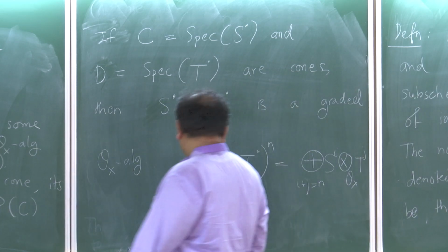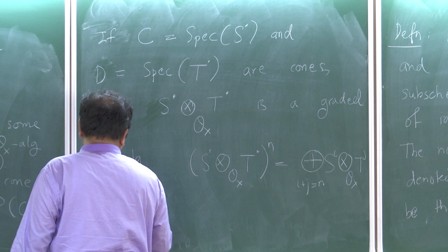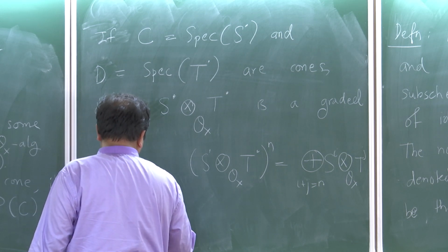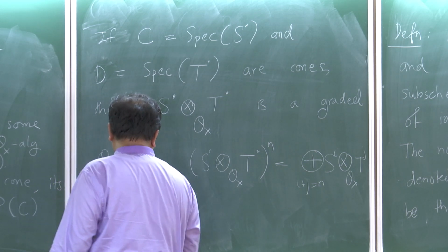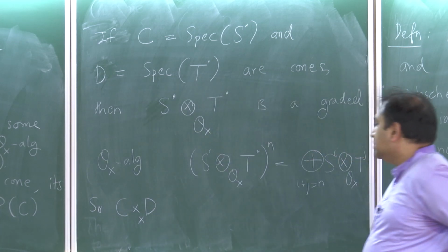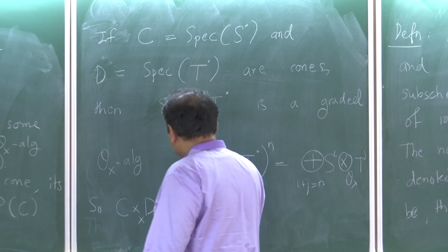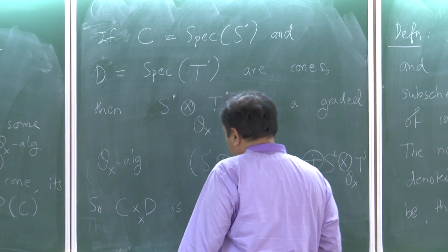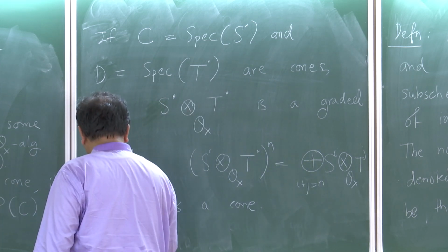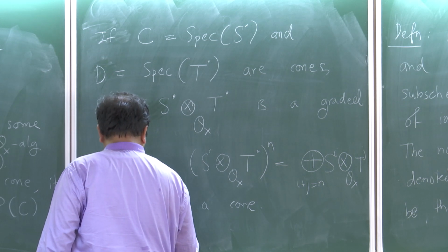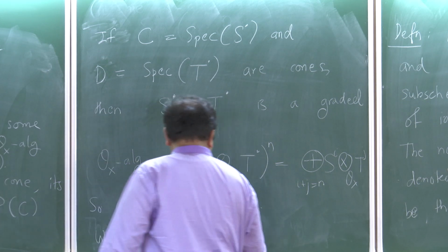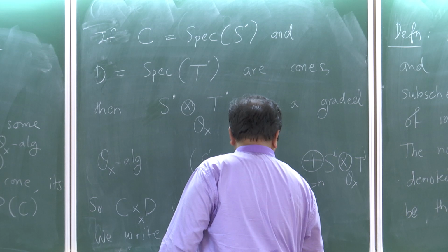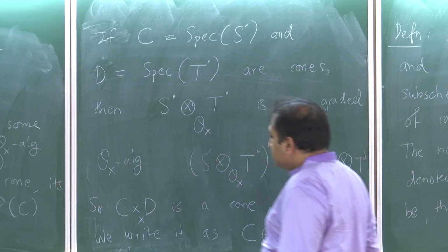Then C cross D over X, the fiber product, is a cone, and we write it as the sum of these two cones.